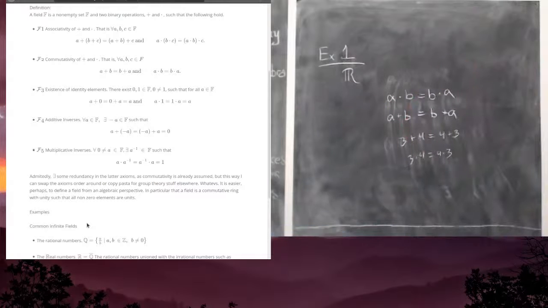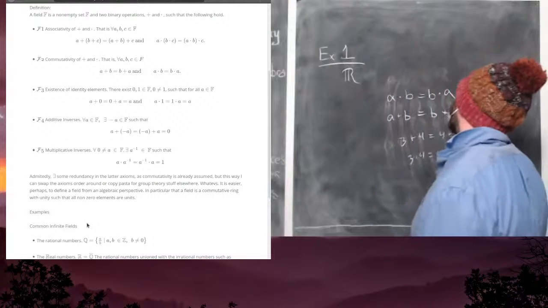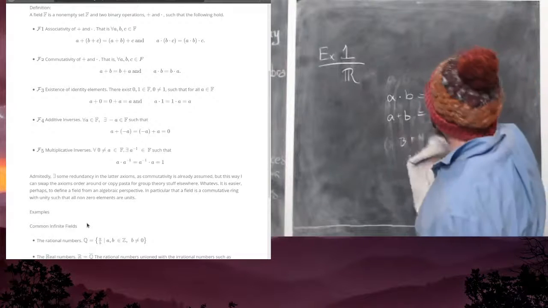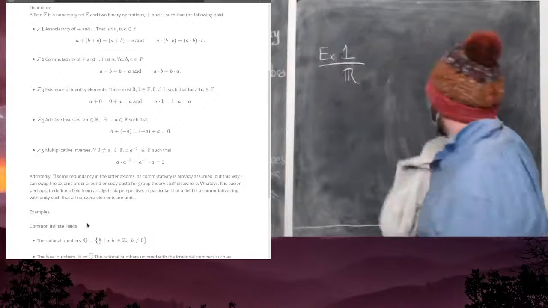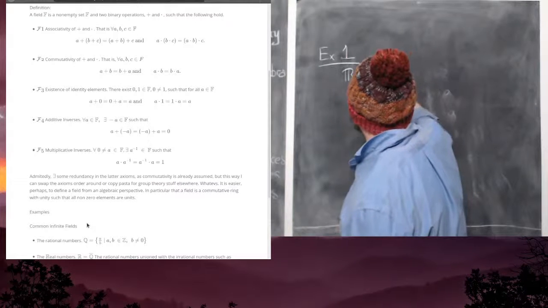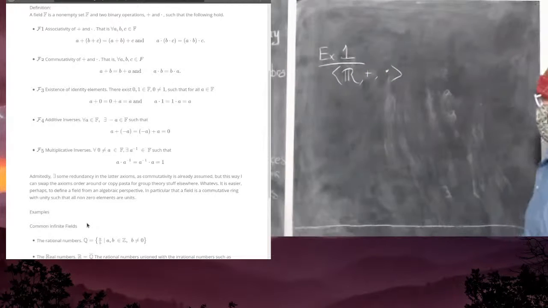And the other axioms follow pretty quickly. We have inverses, and we have identities. So fields have two operations, plus and times, yeah?